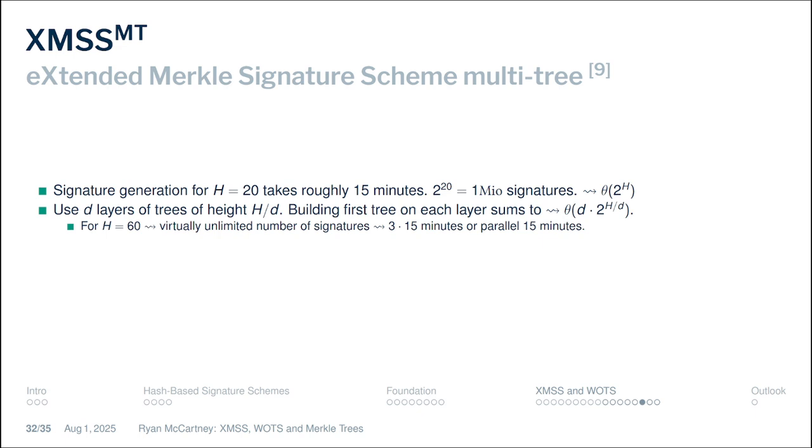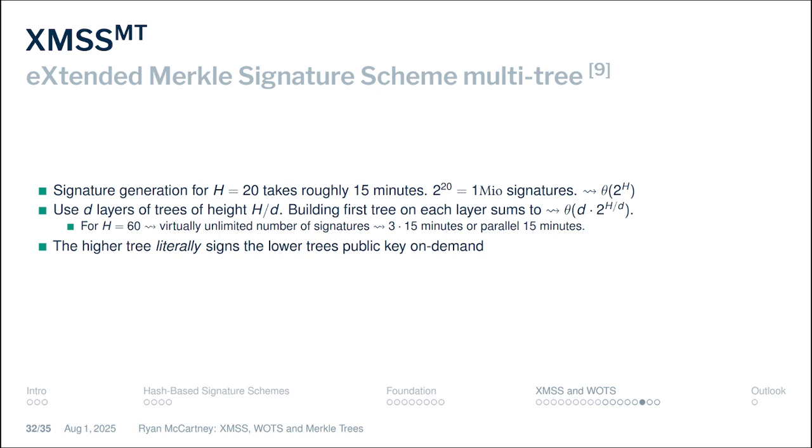So embarrassingly parallelized through 3 CPUs, we get 15 minutes of total generation time, and we have 2 to the power of 60 many signatures we can now sign.